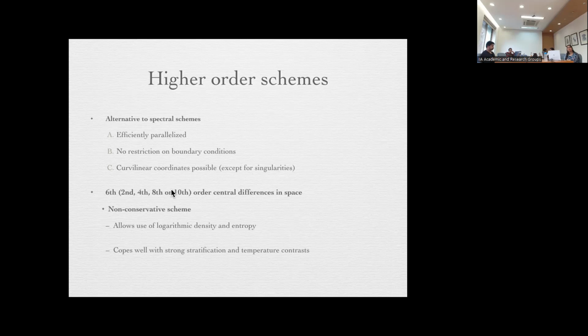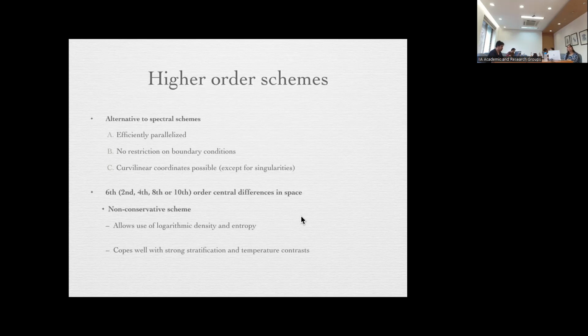And we use non-conservative schemes mainly. I think that has a little bit of historical significance, because when this code was made, it was for dynamo simulations, and conservative schemes don't conserve helicity. Helicity is a very important quantity when you are doing dynamo simulations.